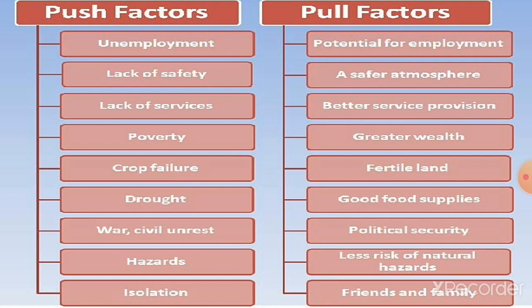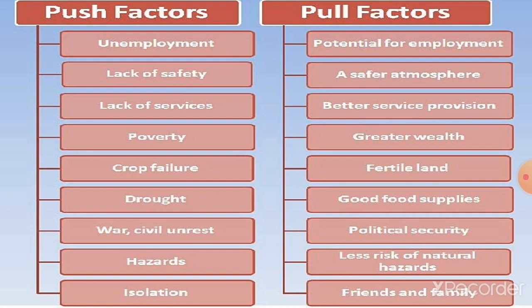Then the pull factor. Pull factor means the factor which attracts the people who settle in the city areas. They are potential for employment. Compared to villages, in cities more employment opportunities are there. Then a safer atmosphere, better service provision, greater wealth.